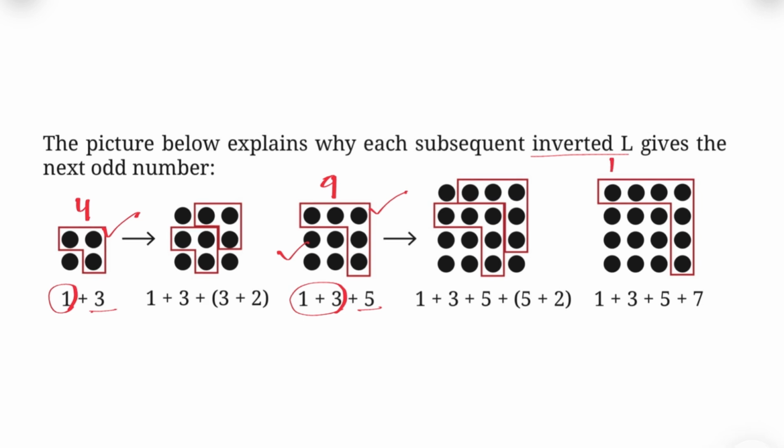Next square number is 16, which is the sum of first four odd numbers 1 plus 3 plus 5 plus 7, and here 7 is represented by an inverted L shape. So like this we can use dots to represent odd numbers and we can also represent squares in a pictorial way like this.